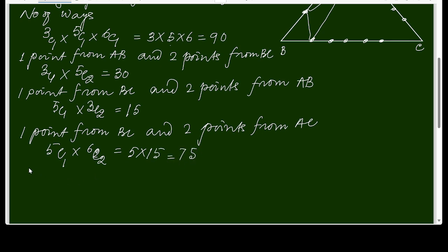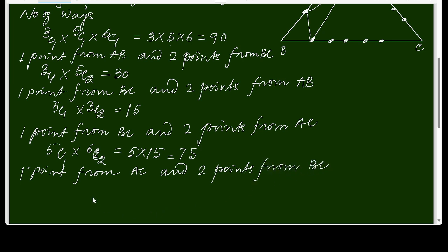Or 1 point from AC and 2 points from BC. So it will be 6C1 into 5C2. Your 6C1 is 6 into 5C2 which is 10. It will be 60.